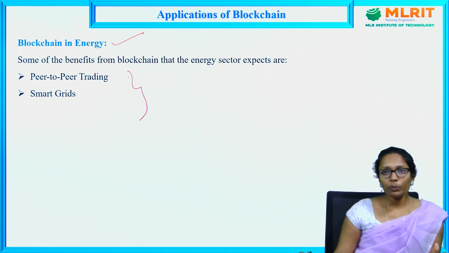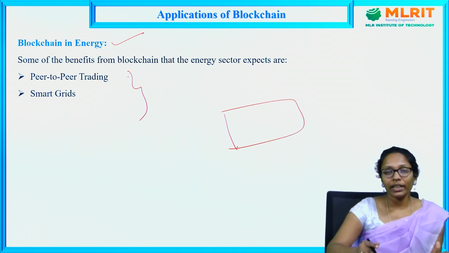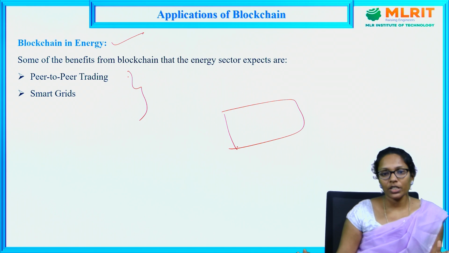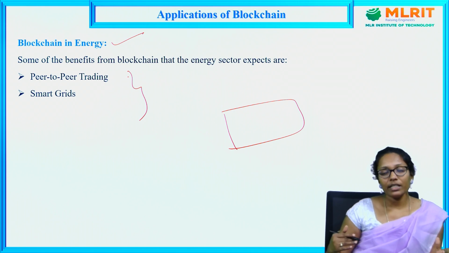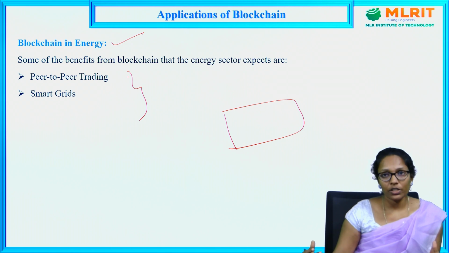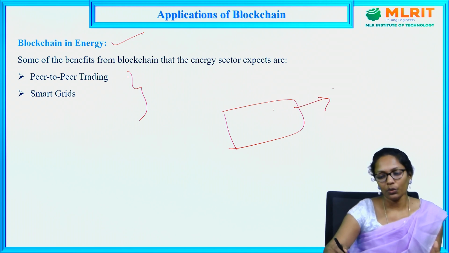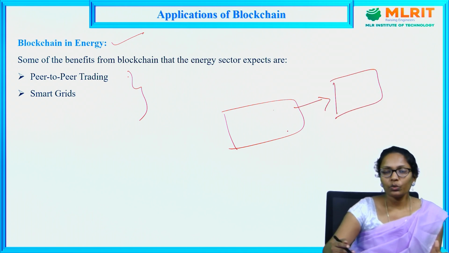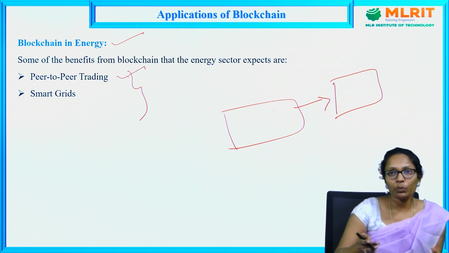In the P2P trading technique, I have a big house so that I can produce more solar energy than I'm using for my home. At the same time, I have lots of energy which I can't use for my house. Then what I can do, I can sell this electricity to some other house or some other people. This can be done using the blockchain network, and that is what you call P2P trading.